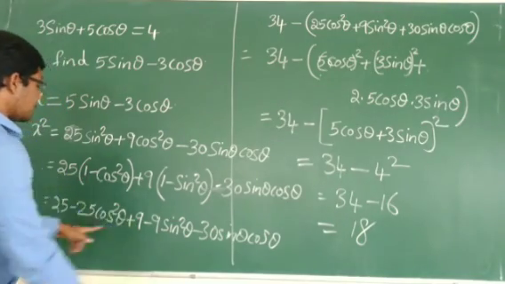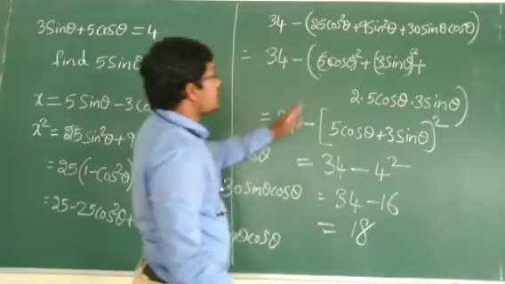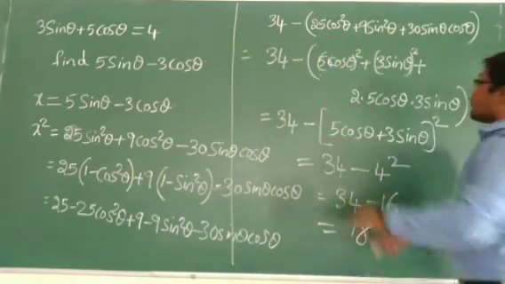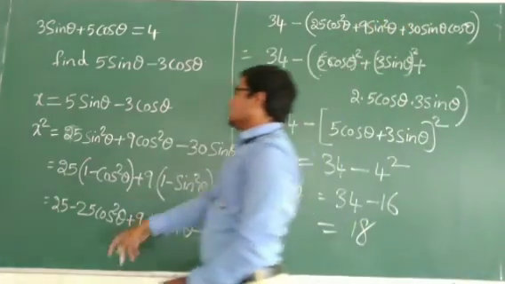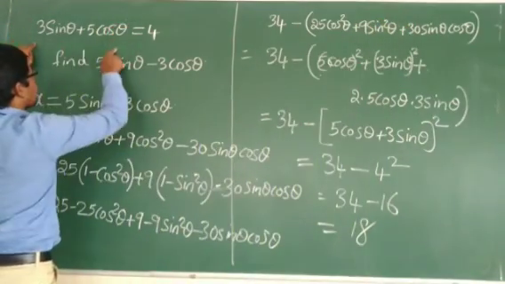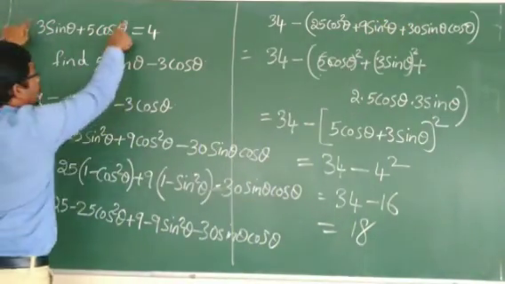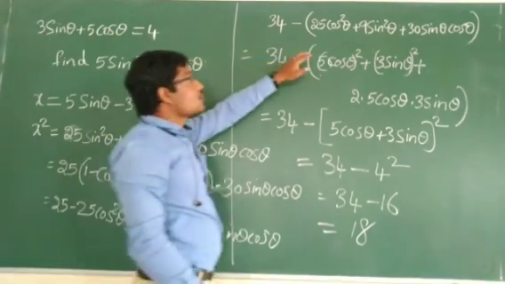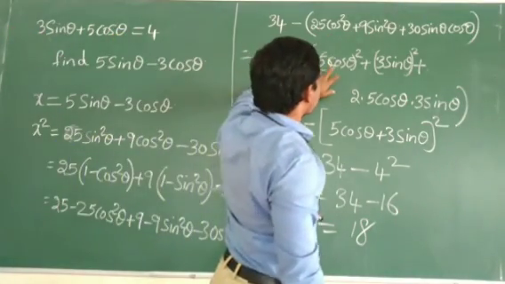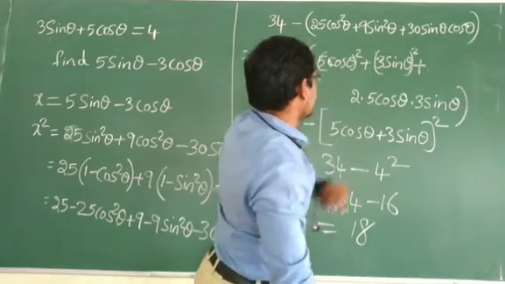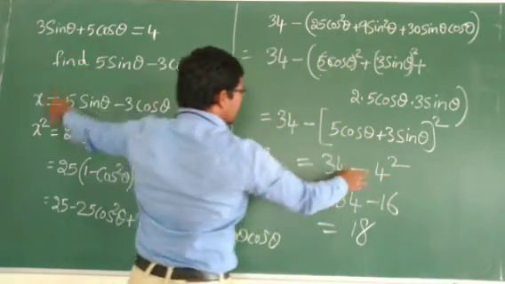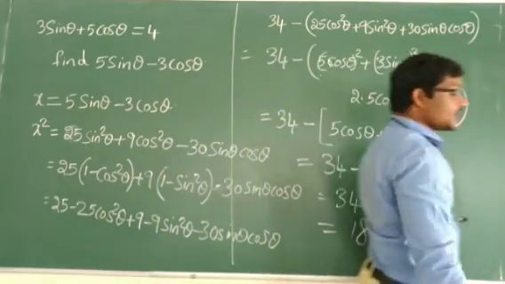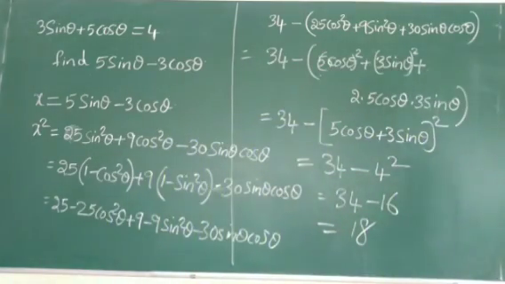First take the constant, that is 34, remaining everything if you take in a bracket, we can write the remaining thing as square of this. So we are trying to get that in the form of a plus b whole square. So once you convert that, we can substitute the value 4, we get 34 minus 16, which is equal to 18.